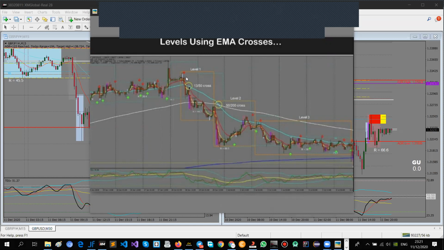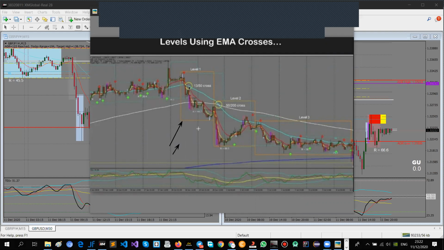Level 1 peak formation log. Level 1, the 13 and 50 cross. It's indicated by this rectangle there.